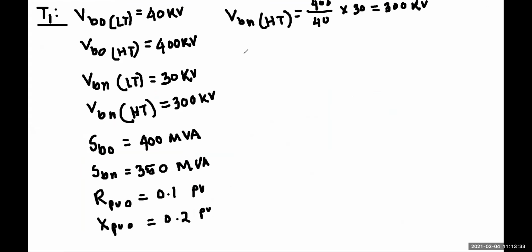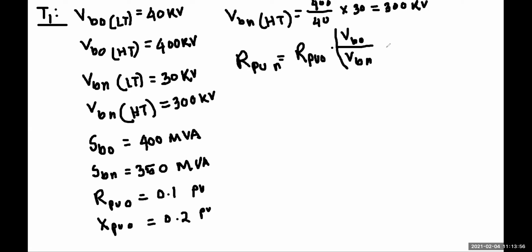So let's find out the R PU new, right? What is the formula? Same formula as before. R PU old into V base old, V base new.